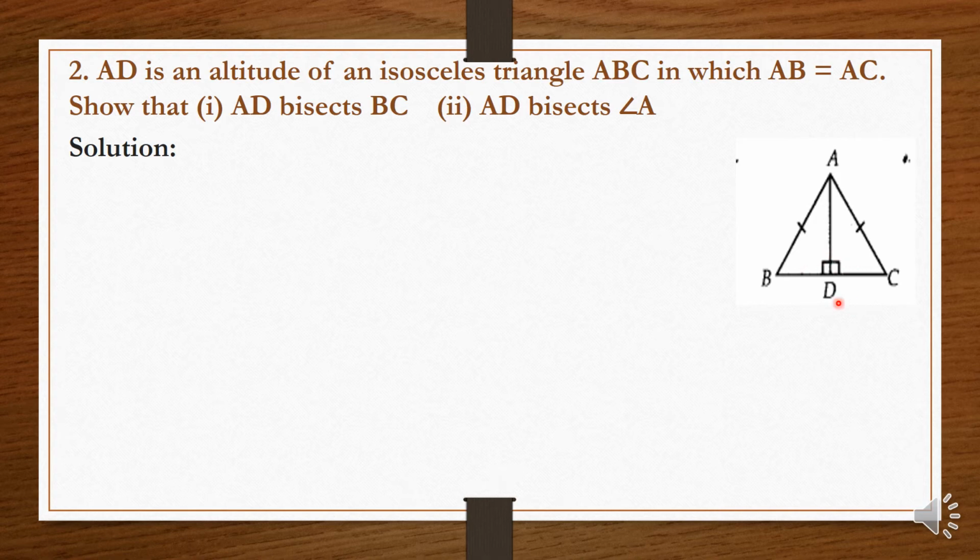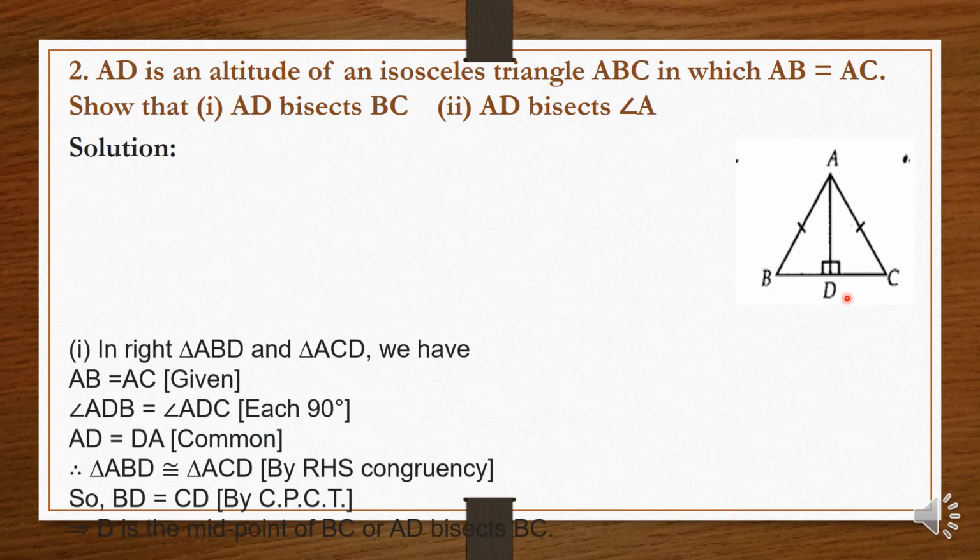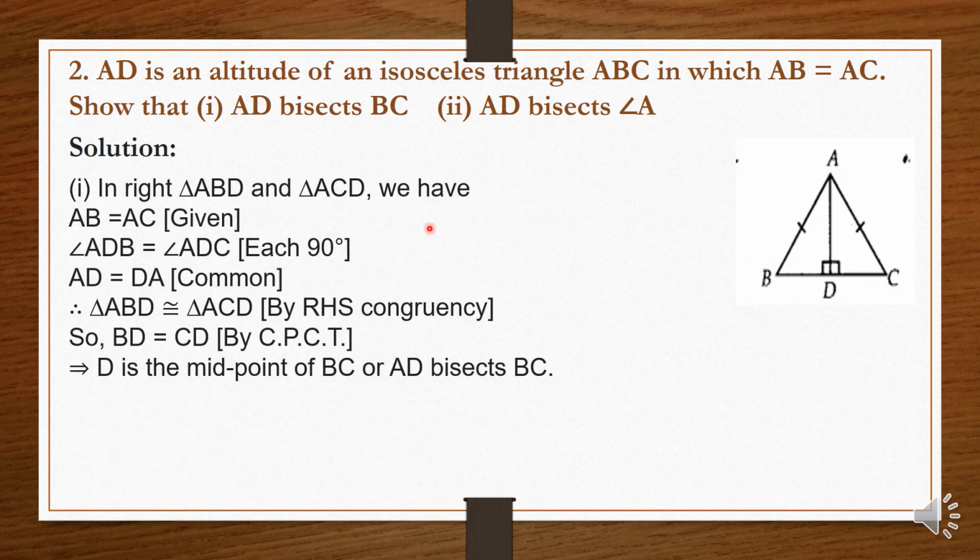Now, to prove that AD is bisecting BC, we have to prove that BD equals CD. So, in triangles ABD and ACD, we already have AB equals AC. Then these two angles are 90 degrees and AD is a common side. So, what we can see here is we have a right angle and opposite to it is the hypotenuse.